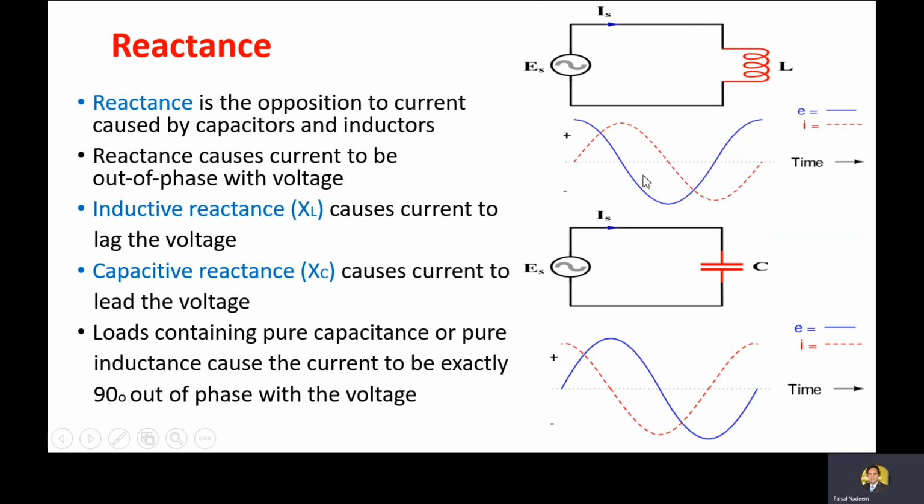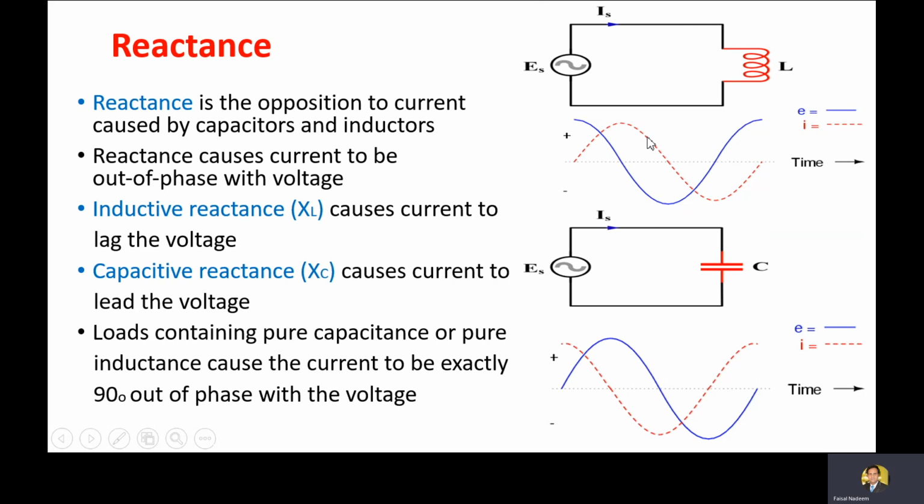How do we know that in this figure the current is lagging the voltage? This is an important question. So let me explain this thing here. It is very simple. The current waveform is represented here with the help of dashed lines, and the voltage waveform is represented with the help of blue color.